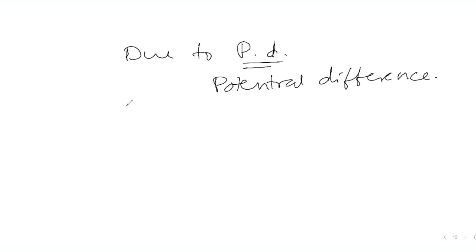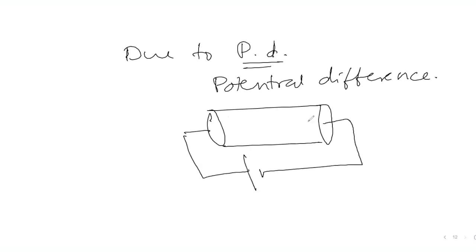The source applies potential difference. Already we discussed that when a conductor is connected in a circuit, the battery applies some electric field. This electric field makes all electrons move in a specific direction. Because of this electric field, we get electric current.